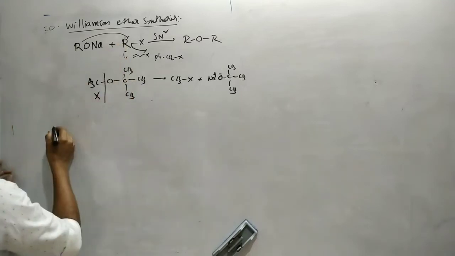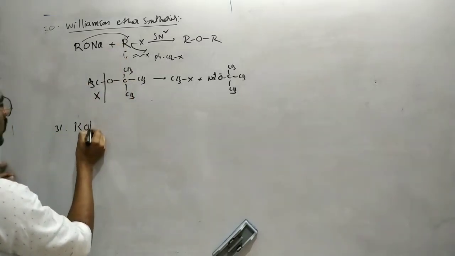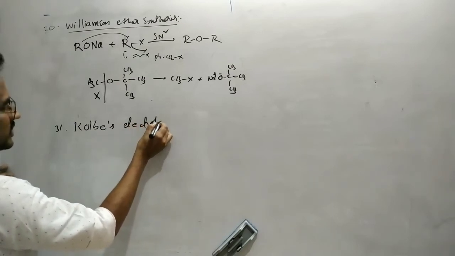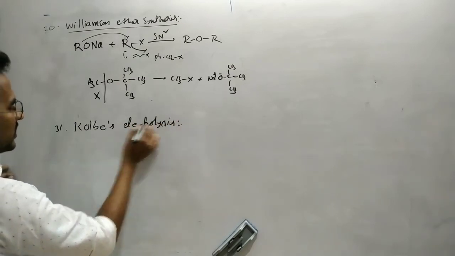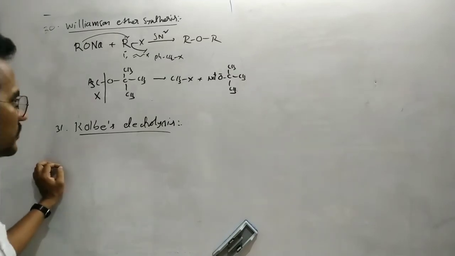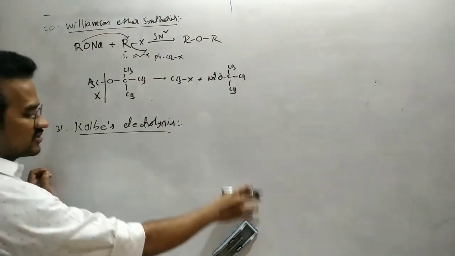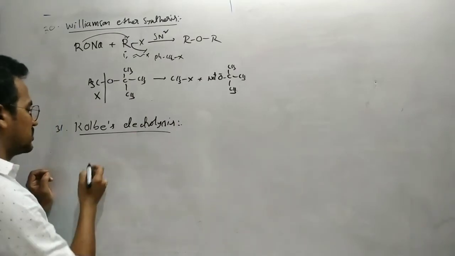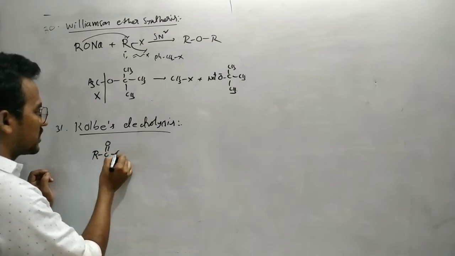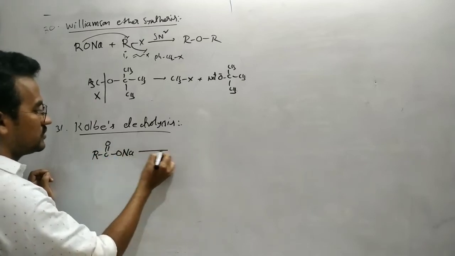Now next, one more reaction, number 31, that is Kolbe electrolysis. Already we discussed the Kolbe reaction or Kolbe-Schmitt reaction, that is the carboxylation of phenol, in which ortho-hydroxybenzoic acid is the product. Kolbe electrolysis uses an aqueous solution of sodium or potassium salts of carboxylic acids.